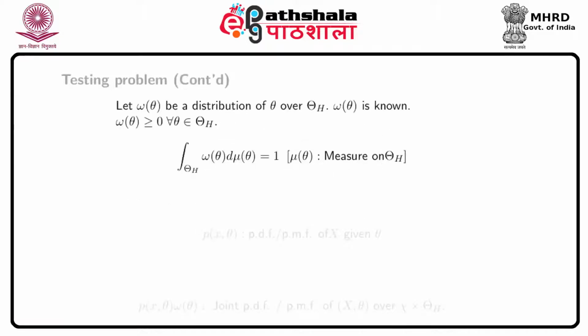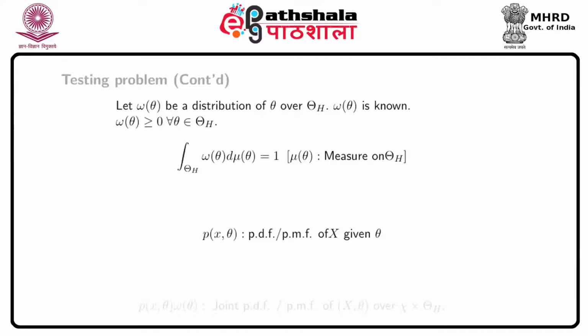Let small w(θ) be a distribution of θ over Ω_H. w(θ) is known and it is non-negative for all θ belonging to Ω_H. Moreover, the integral of w(θ) dμ(θ) over Ω_H is equal to 1, where μ is the measure on Ω_H.